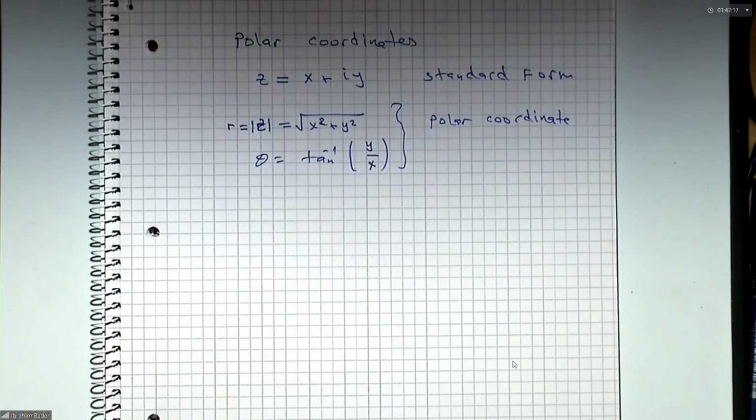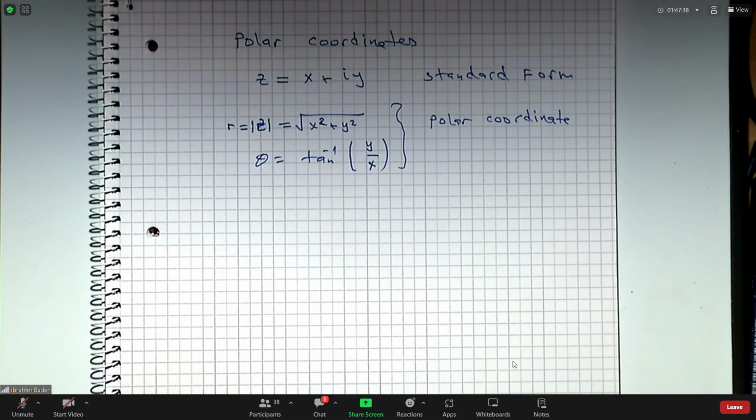Both are equivalent to each other. That means any point on the complex plane can be described as either a polar or the standard or Cartesian coordinate.